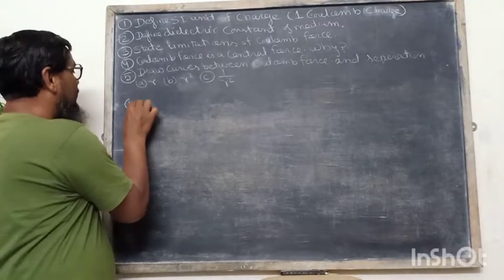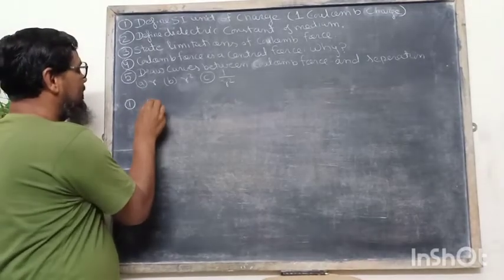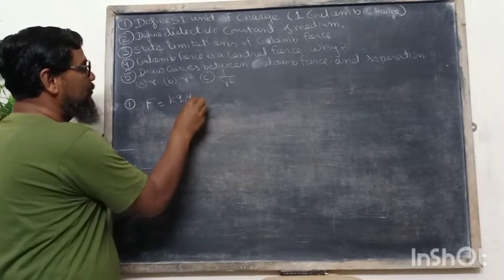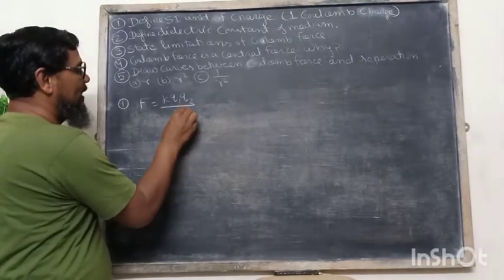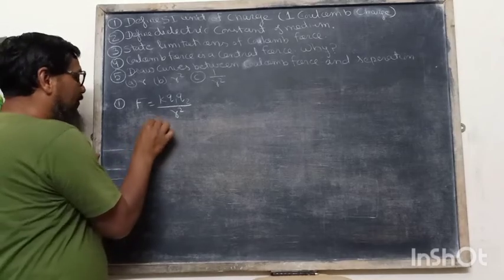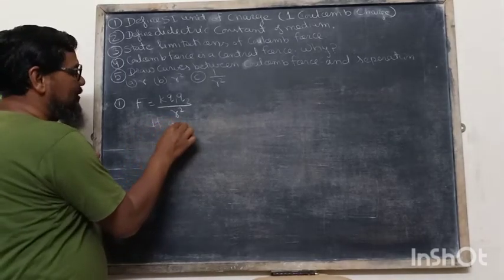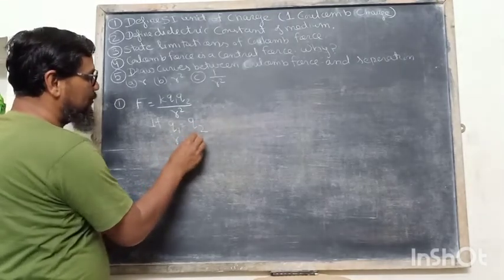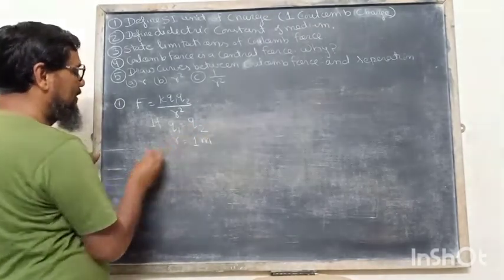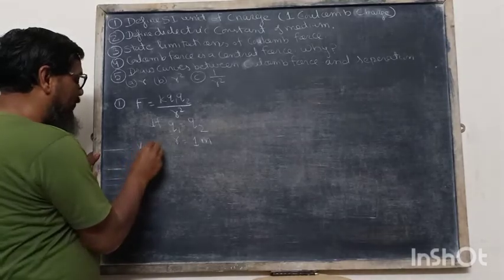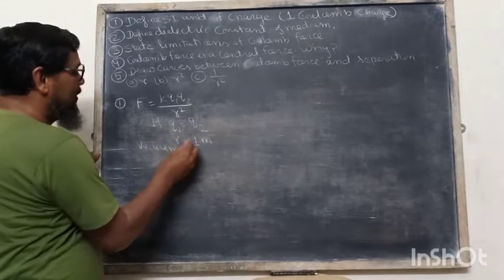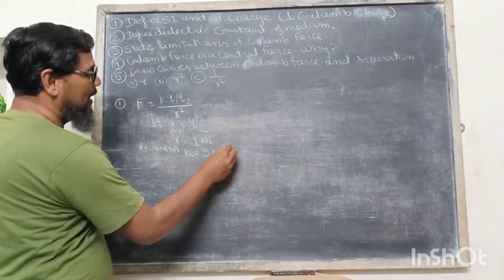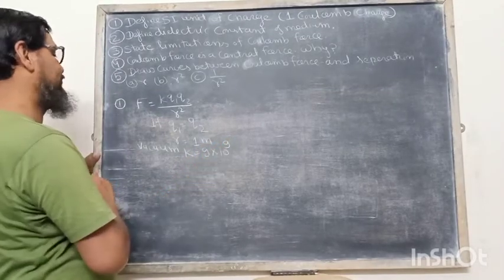The answer of question number 1 is F is equal to, for vacuum, K Q1 Q2 upon R square. If we consider Q1 is equal to Q2 and R is equal to 1 meter, and in vacuum the value of K is 9 into 10 raised to the power 9.